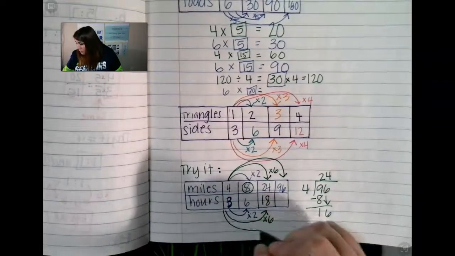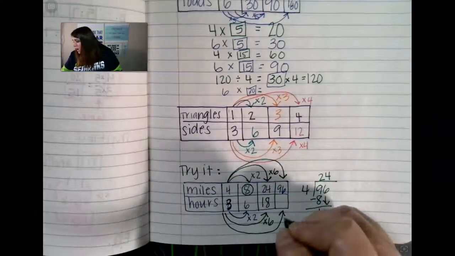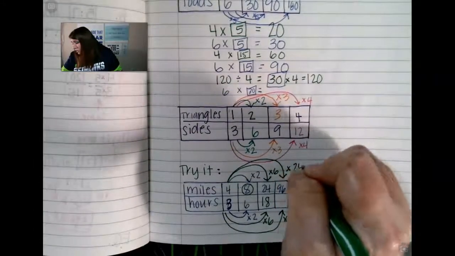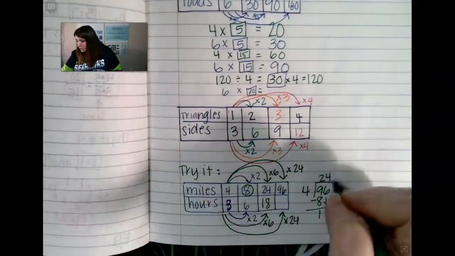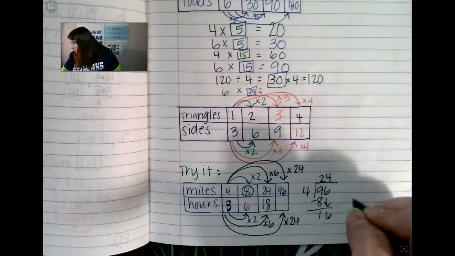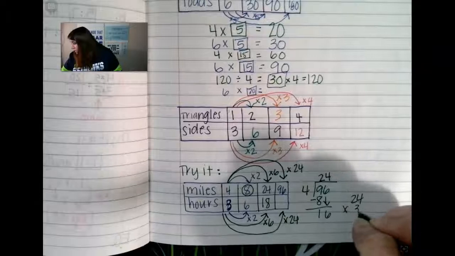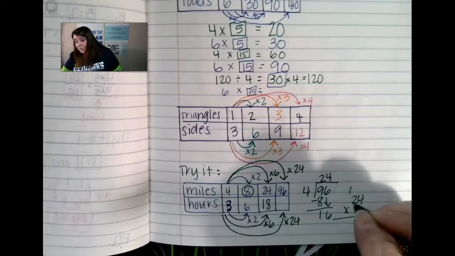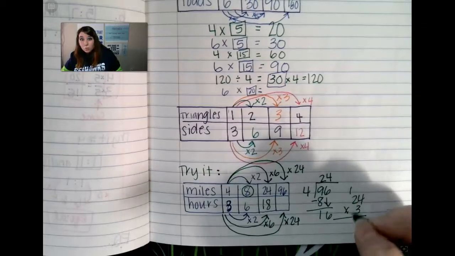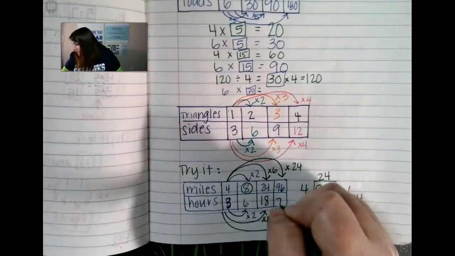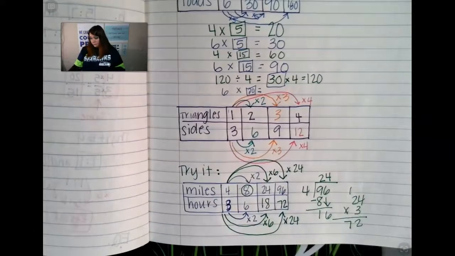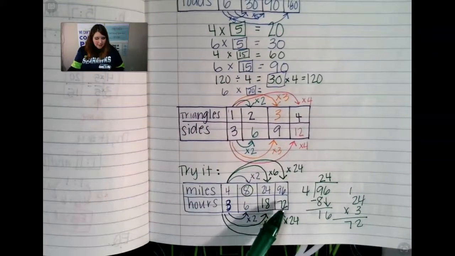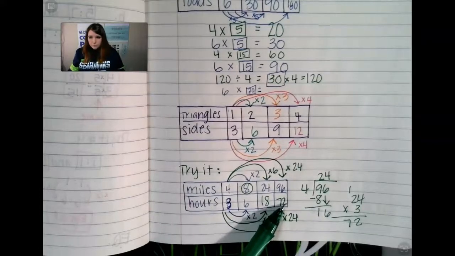So to get from 3 all the way over to here, I have to multiply by 24. So I know 24 times 3 gives me 12, carry the 1. 3 times 2 is 6, plus 1 is 7, and it gives me 72. So my answers are 8, 18, and 72.